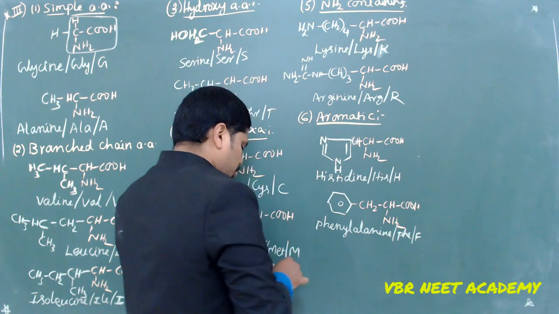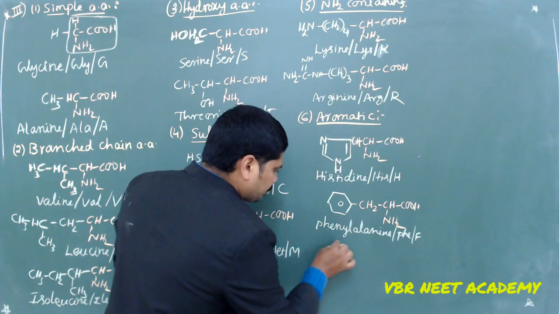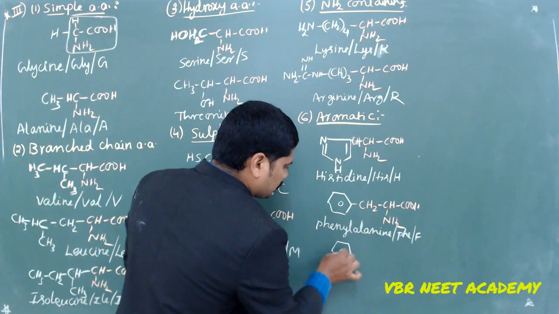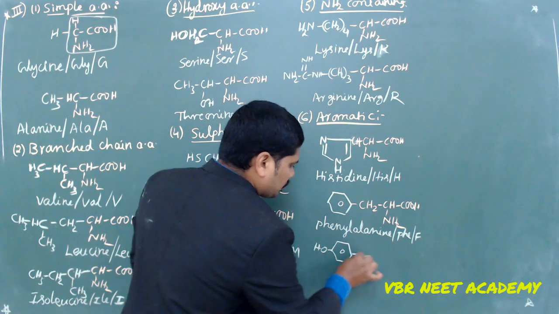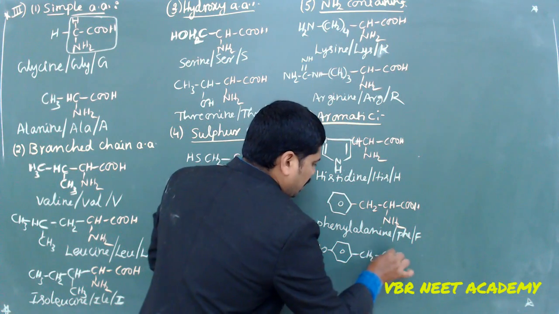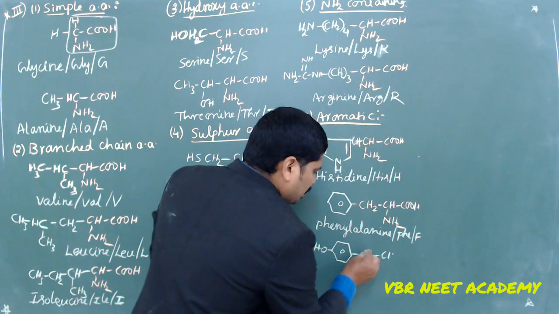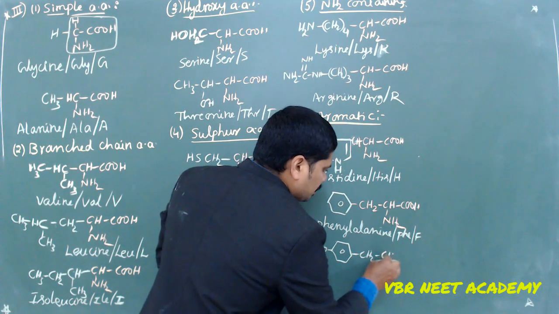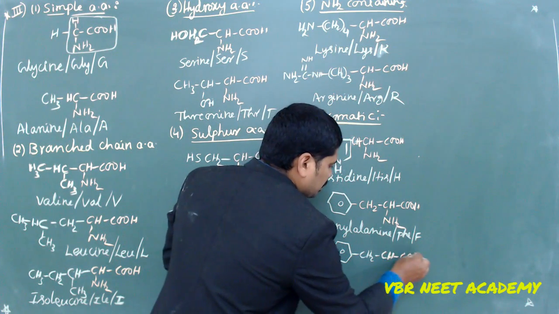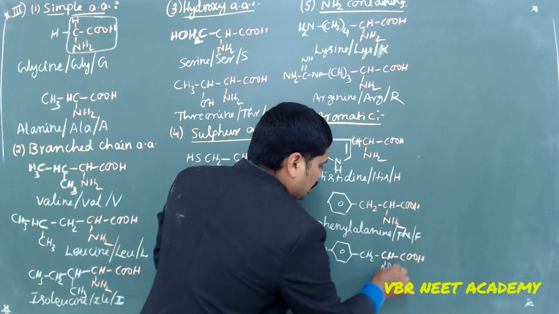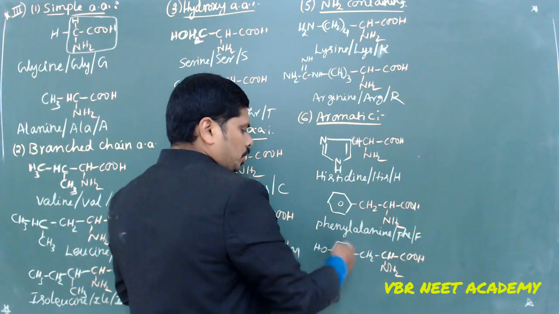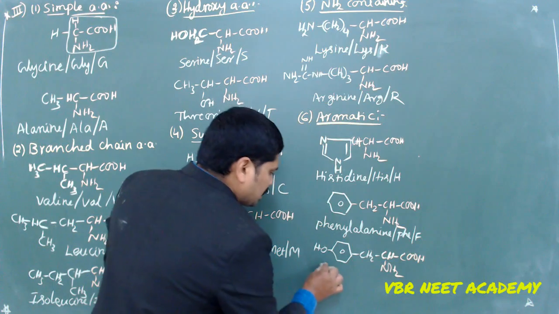PHE, F, we are going to write. Just we are adding one OH group to the benzene ring. It's called tyrosine.